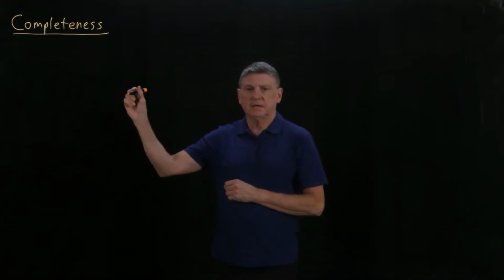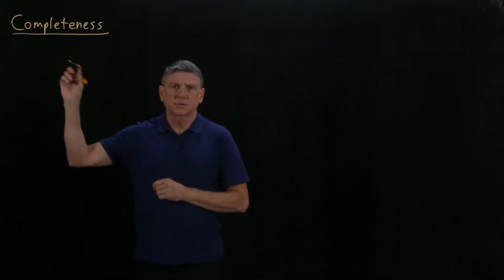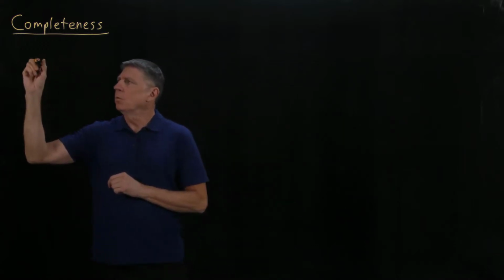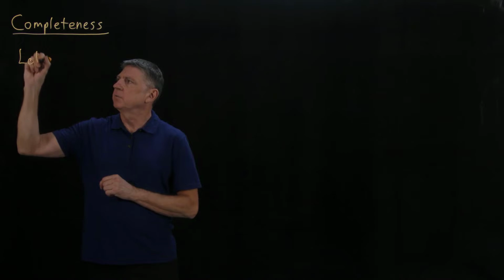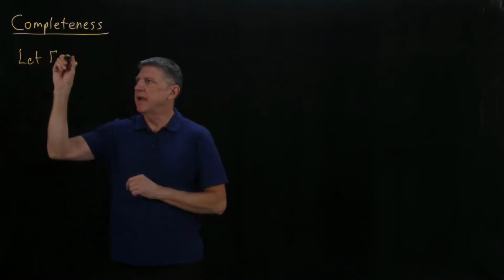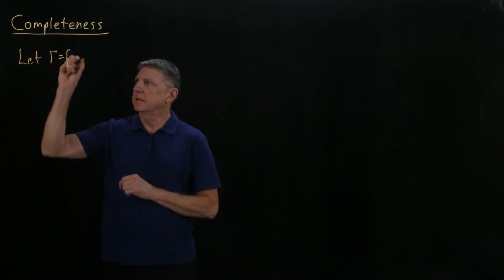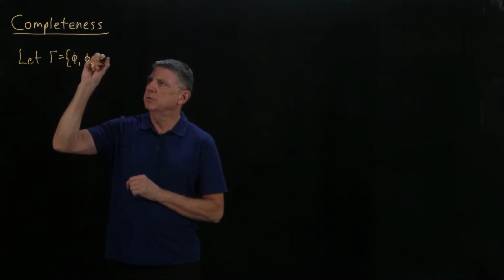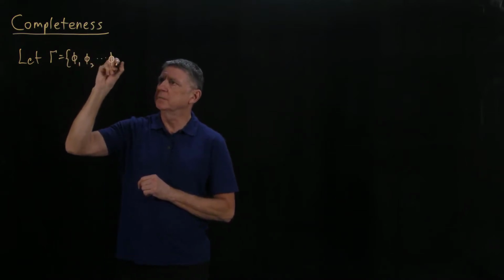Let's state that in some metalogical statement. What we're saying is, suppose that the set gamma is a set of premises. So it's premise 1, premise 2, and so on until we get to premise n.